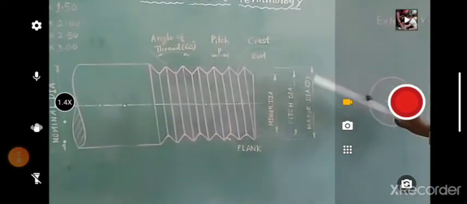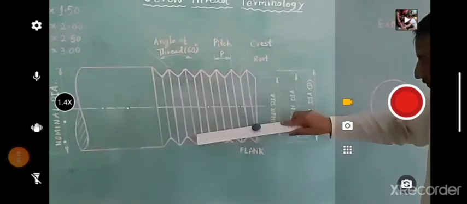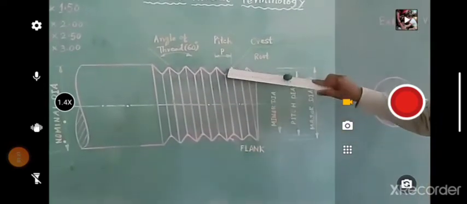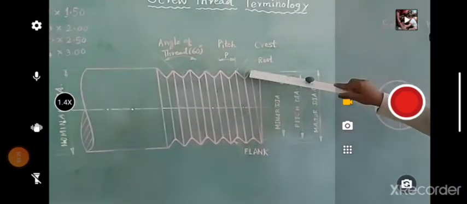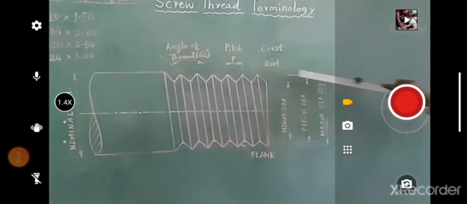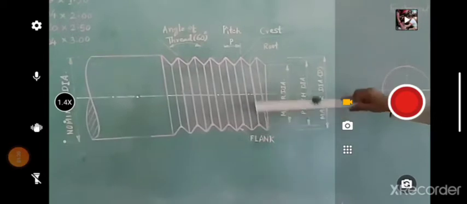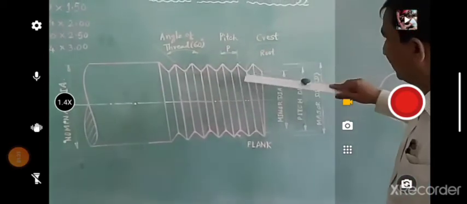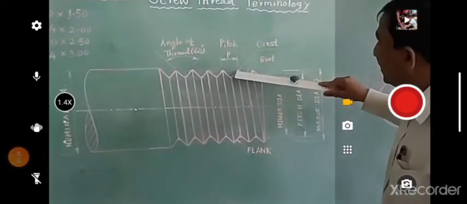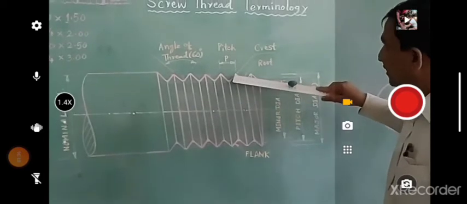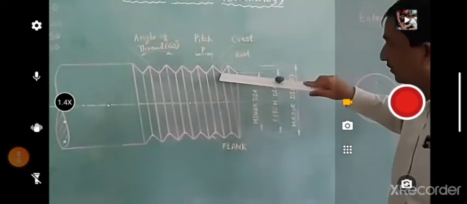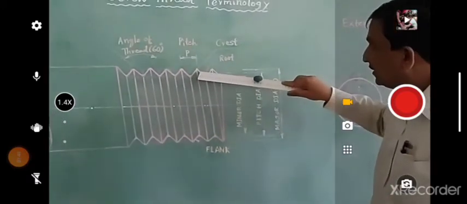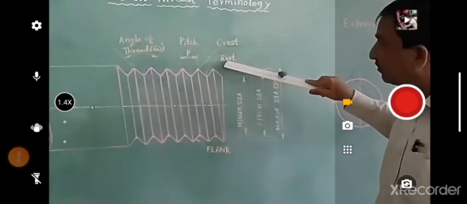After manufacturing V threads, whatever major diameter we get, the top point of the V thread is called a crest. Then the bottom point of the thread is called the root of the thread.